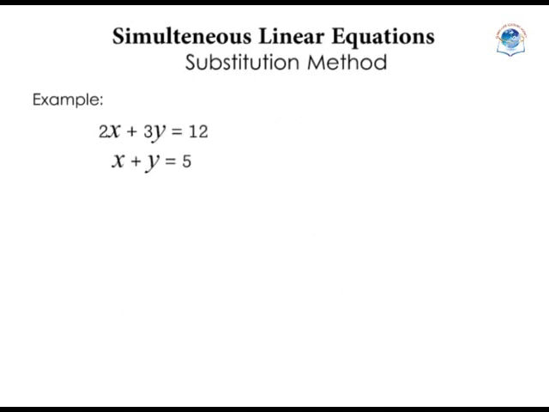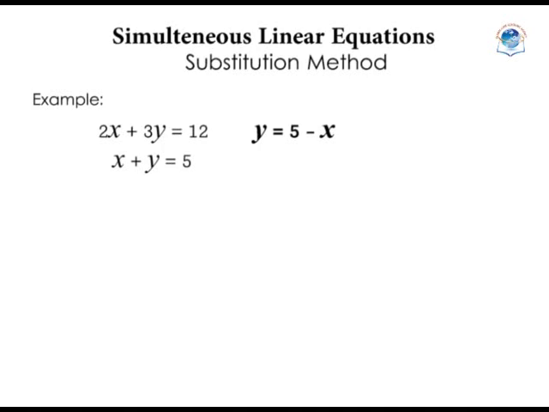How about 2x plus 3y is equal to 12, and x plus y is equal to 5? We rearrange the second equation. It is the easier one. And let's use y this time. So y is equal to 5 minus x.